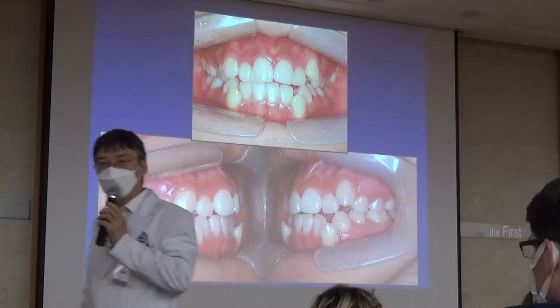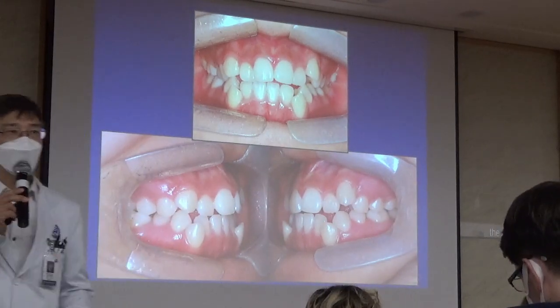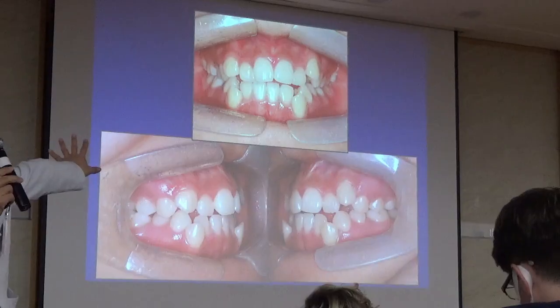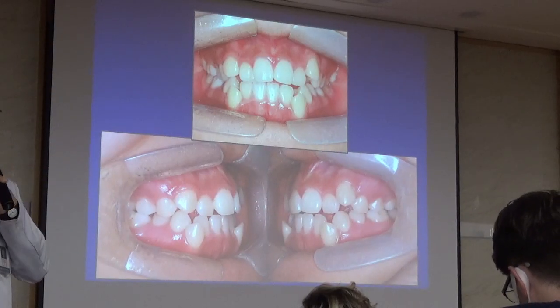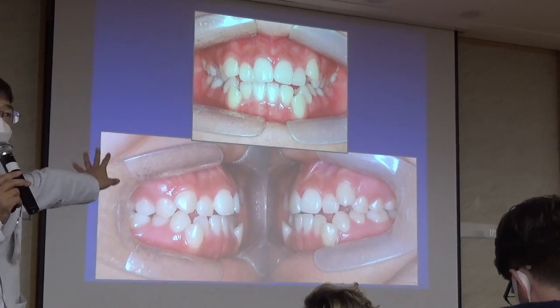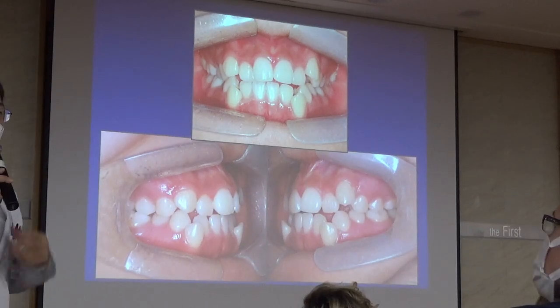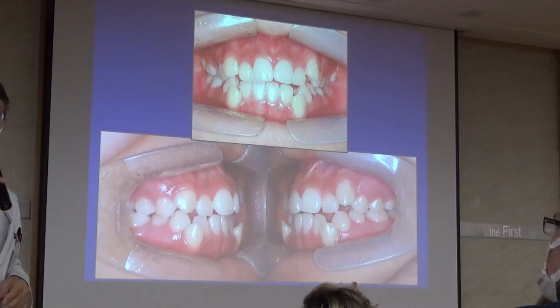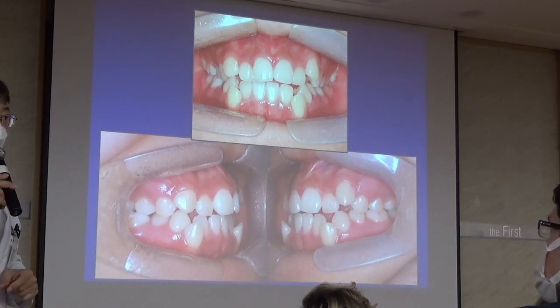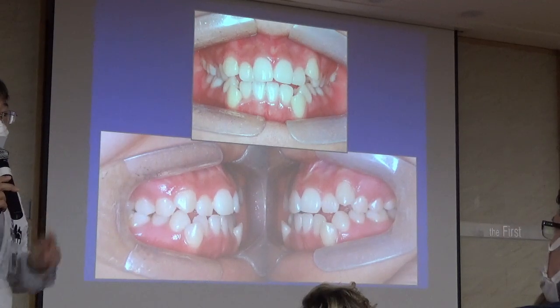What is that? Asymmetry. Facial asymmetry. It's terrible in my perspective. It's not terrible to the patient's side. Right? We want to try orthodontic surgery. She will definitely decline it. You understand? That's the problem.